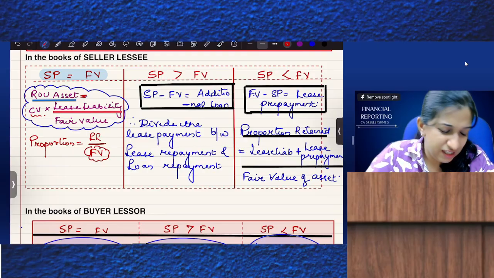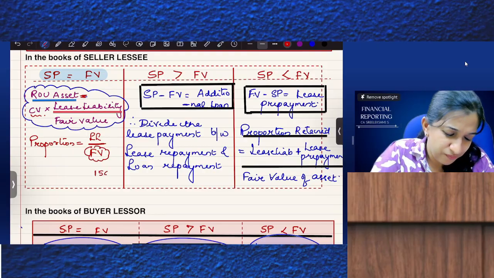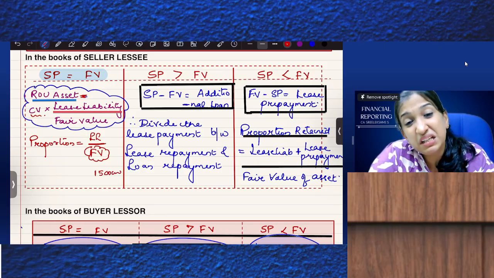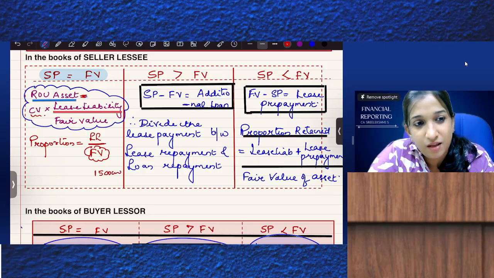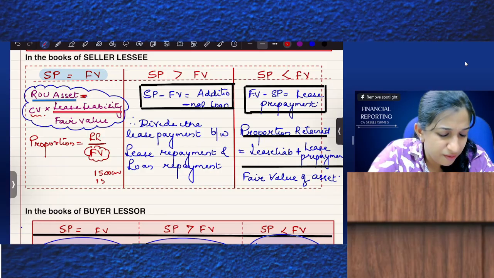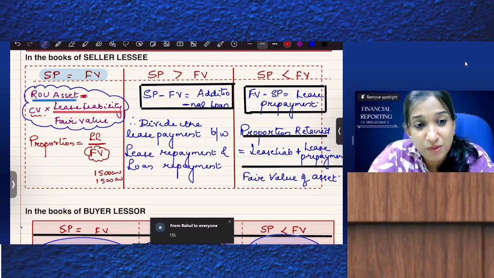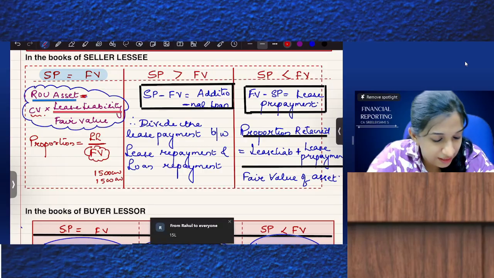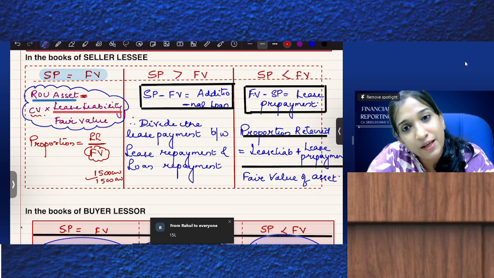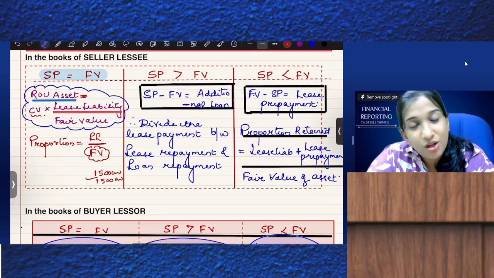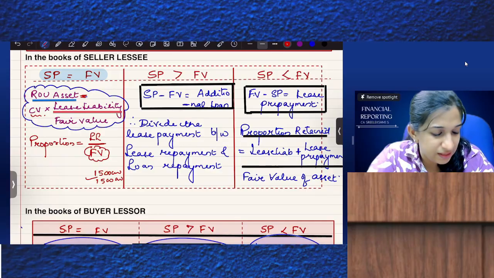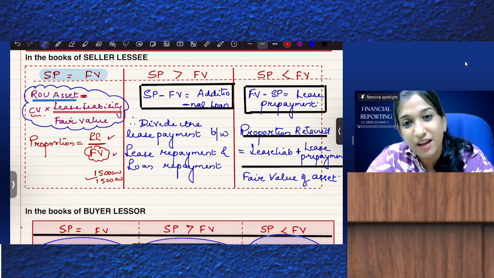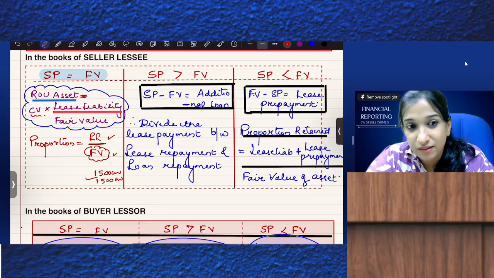If I have leased back in its 100% capacity, then the present value of lease liability will be equal to 15 lakhs, because I need to pay for that asset plus delayed payment interest. I need to pay 15 lakhs itself. So how much proportion you have taken over means present value of lease liability divided by fair value is the proportion you have taken back.